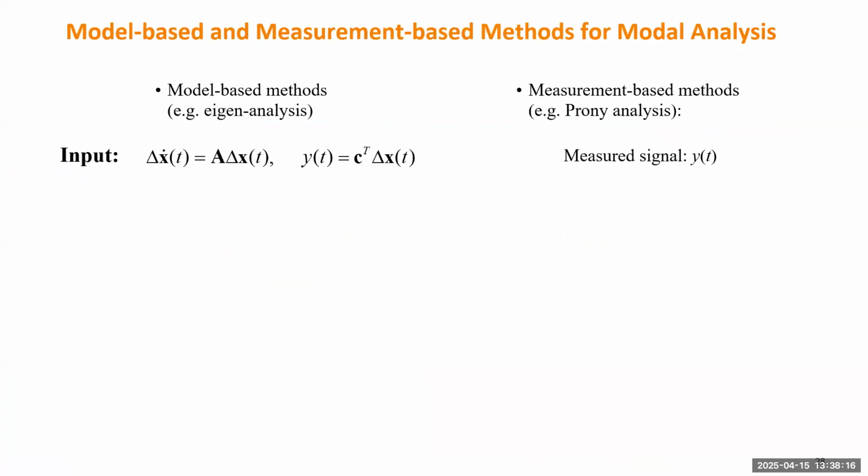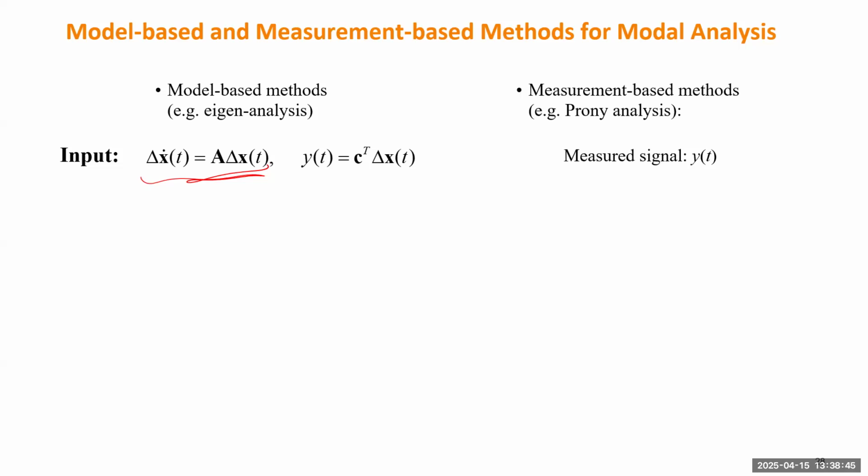All right, so next, I want to talk about 2 methods for modal analysis. If you know the exact, accurate model, you can definitely do the eigenanalysis on the matrix A. You can get the eigenvectors, eigenvalues, and just analyze the stability.